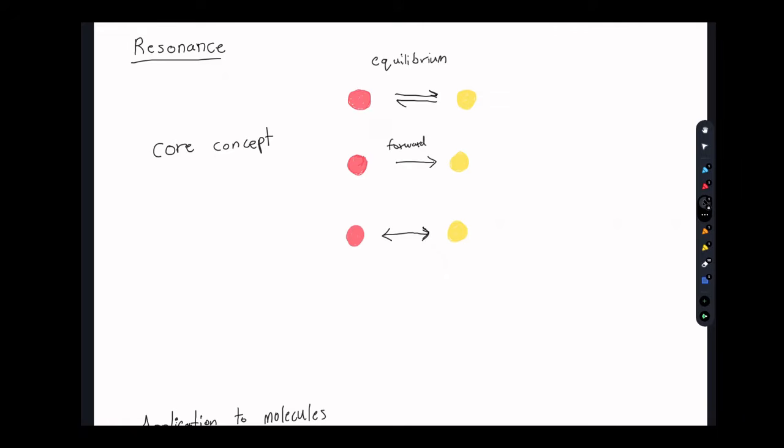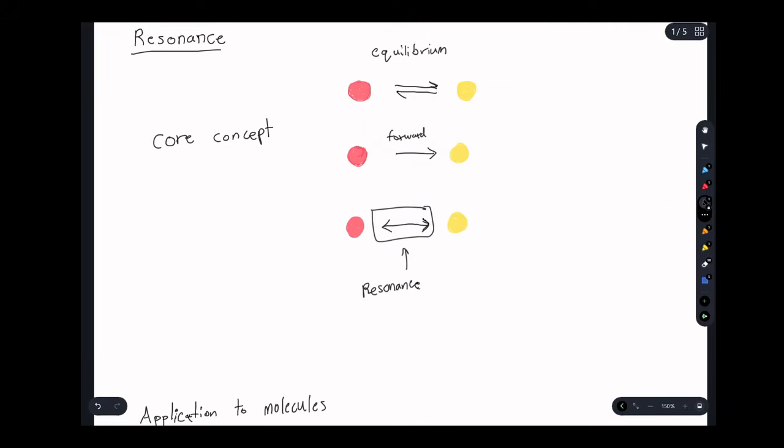Now, where resonance comes in is where we see this arrow right here. This is the resonance arrow, and it is very important that you do not mistake it with other arrows like it. It's two-headed on both sides. We have arrows on both sides. What this indicates in this example is actually that the red dot and the yellow dot are two separate forms.